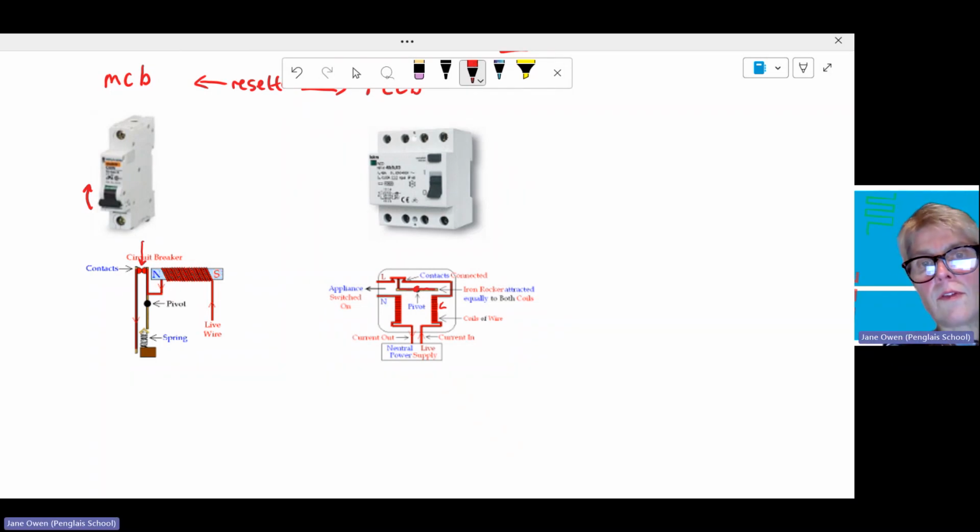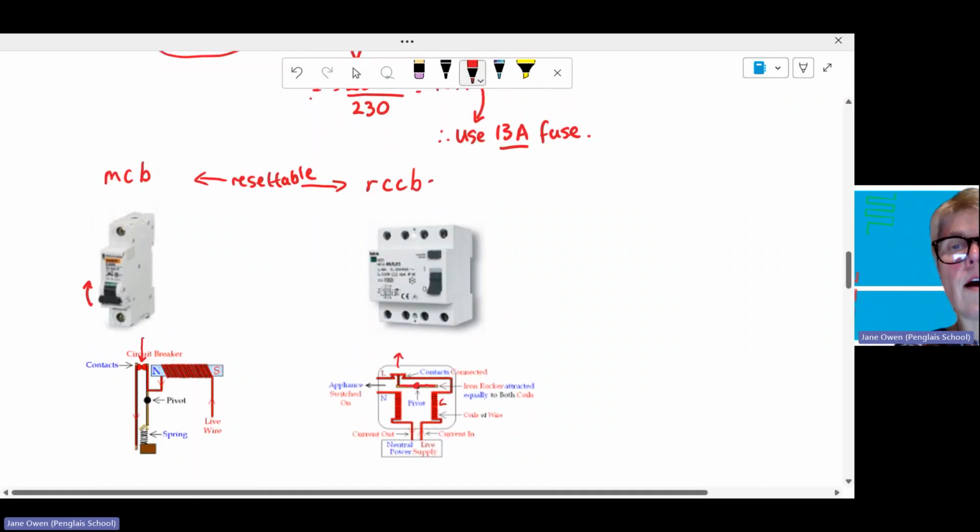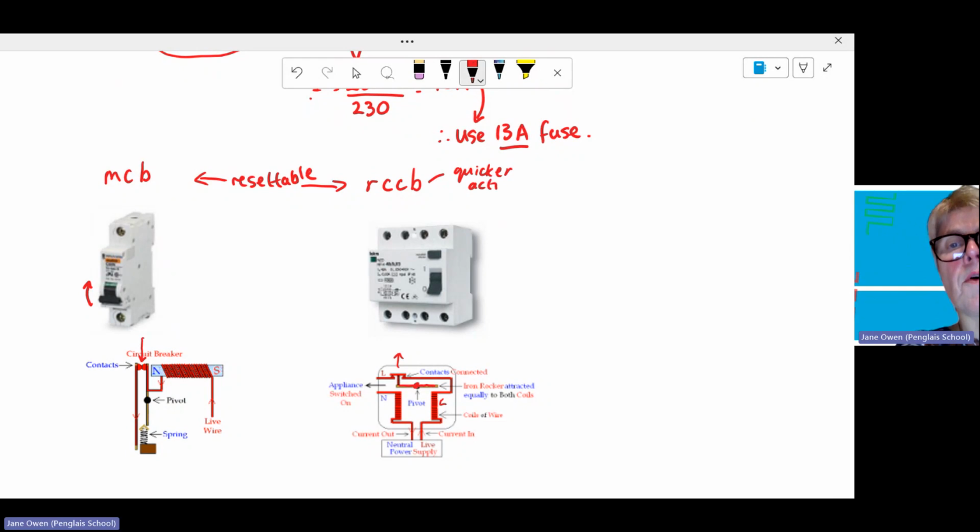Now, you don't need to go into too much detail about how they physically work, just remember that our RCCBs are much quicker acting and much more sensitive. As soon as a difference between the currents in the live and the neutral is detected, it will trigger that switch to come open.